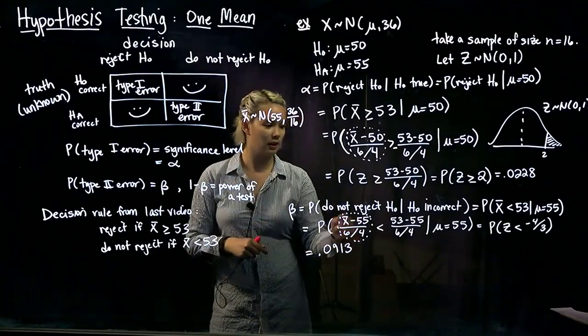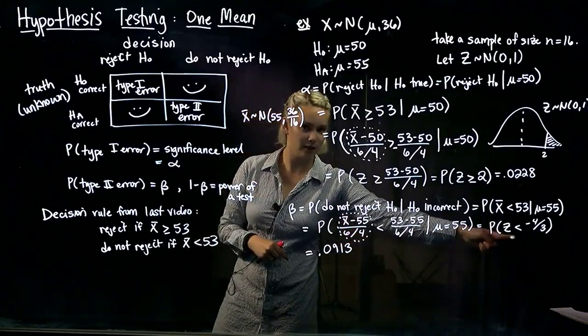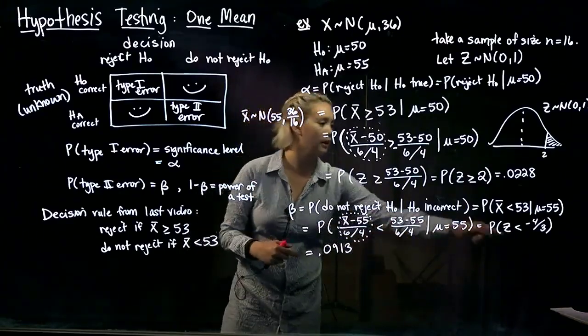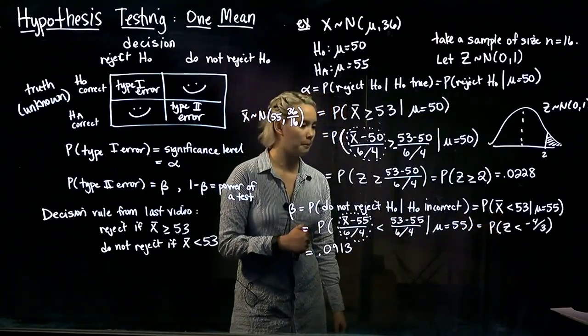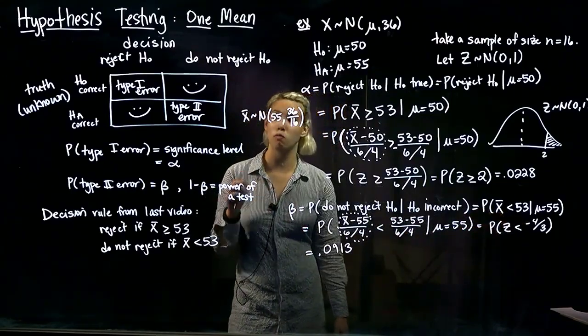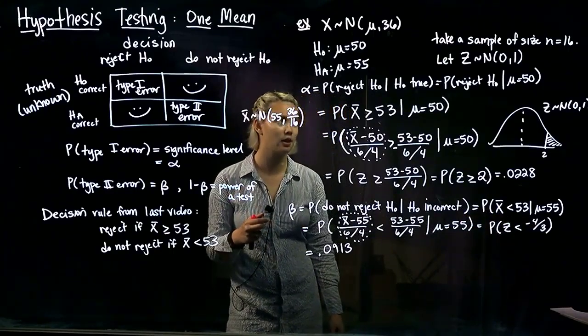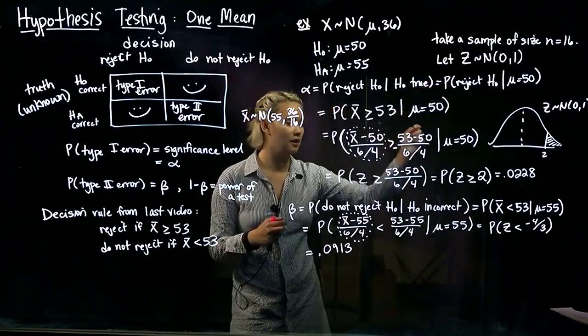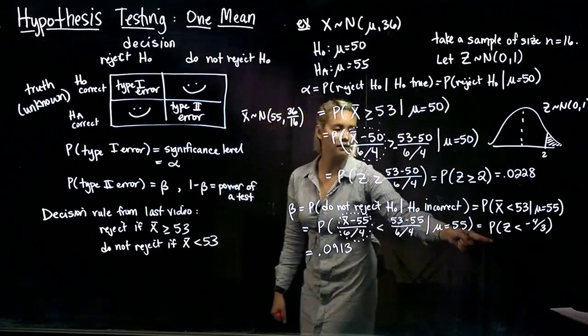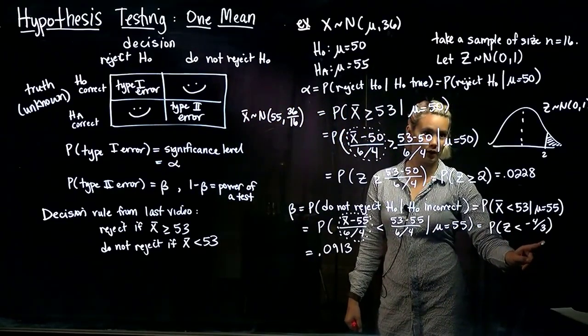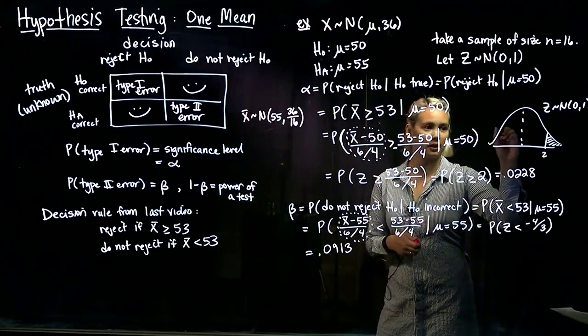So this is just a standard normal random variable. And this is just a number. It ends up equaling -4/3. All right, so that means that the probability of mistakenly not rejecting the null hypothesis when we have a sample size of 16 is equal to the probability that a standard normal random variable is less than -4/3. So maybe that's like here.